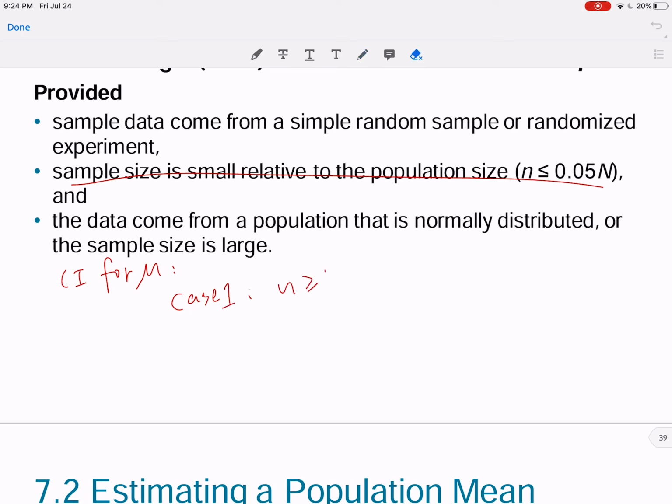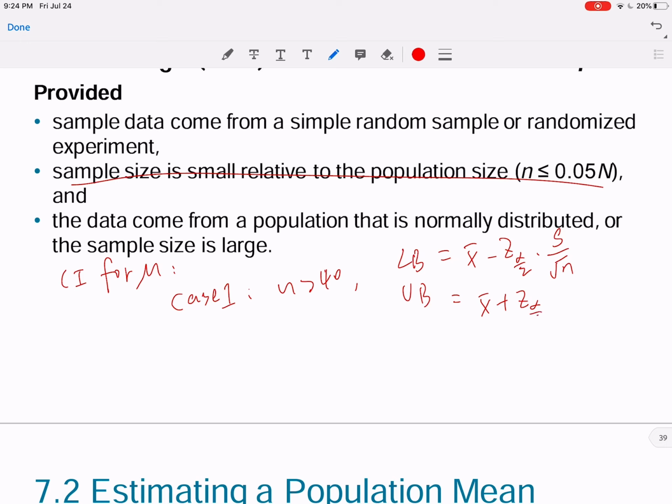Then the lower bound is equal to x bar minus z sub half alpha times the sample standard deviation over square root of n. And of course, the upper bound is x bar plus z sub half alpha times the sample standard deviation divided by square root of n.